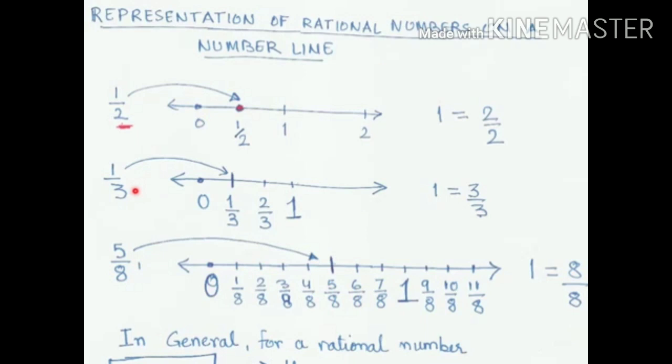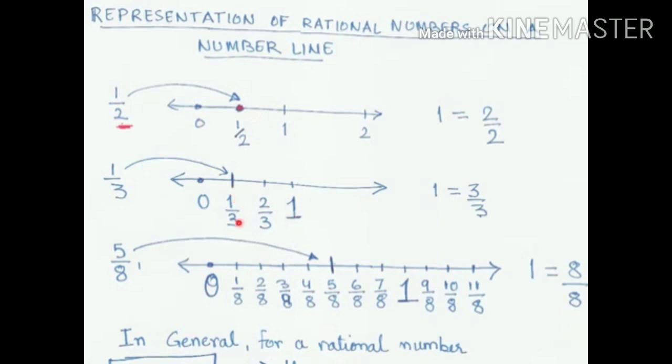So what would you do? Using the logic as I discussed earlier, the distance from 0 to 1 on a number line, you divide it into three equal parts. Okay, so I have divided here and put these 2 points. Now when you go from 0 to 1 and you come across these points, the first point here is one part out of three parts.